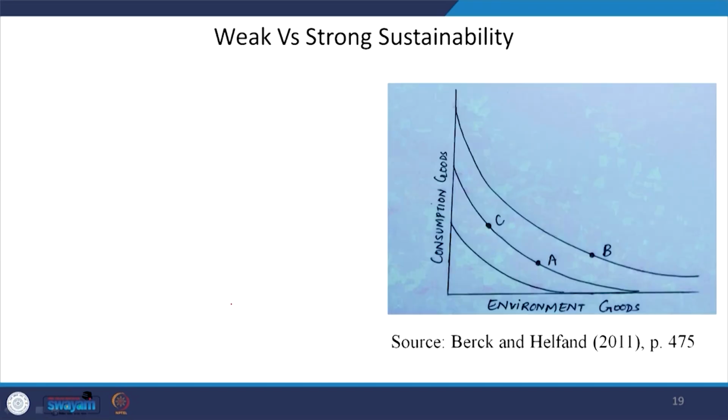So, in order to understand weak sustainability and strong sustainability, we can take into account the preference curves, which are the indifference curves. Let us suppose that we have a preference for environmental goods as well as consumption goods, which are marketable goods.